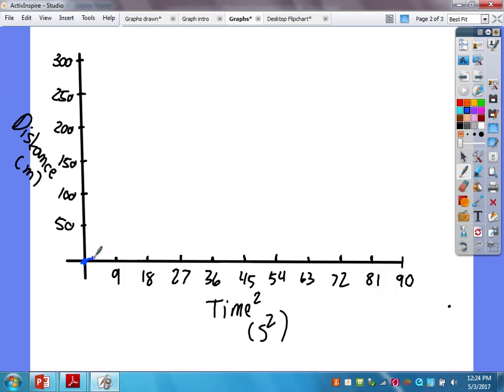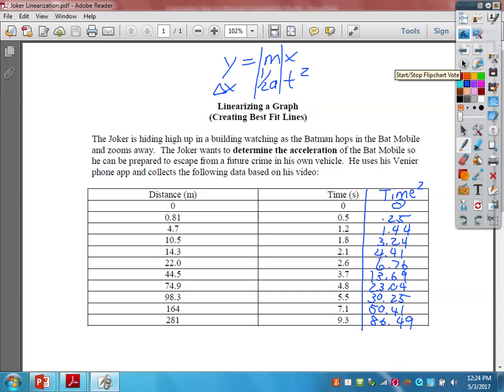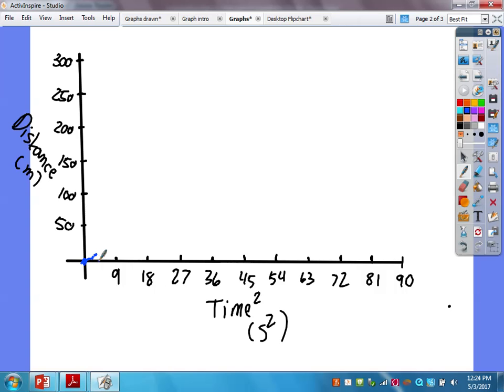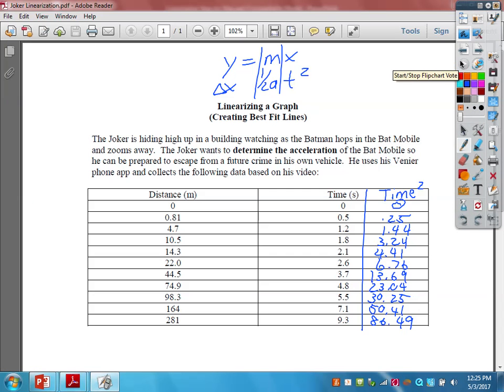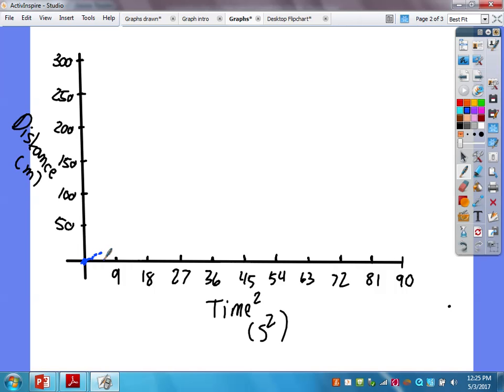Still very, very little change. 4.41, 14.3. 4.41, so basically halfway, 14.3. 6.76 and 22, so about 2/3 apart and about halfway up now, between 0 and 50.